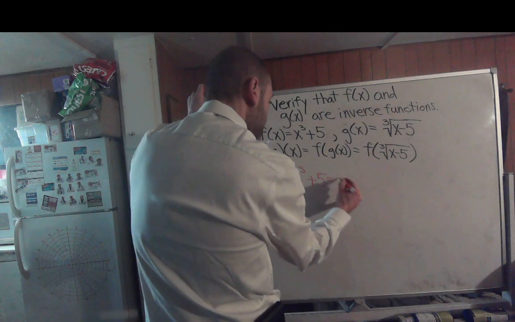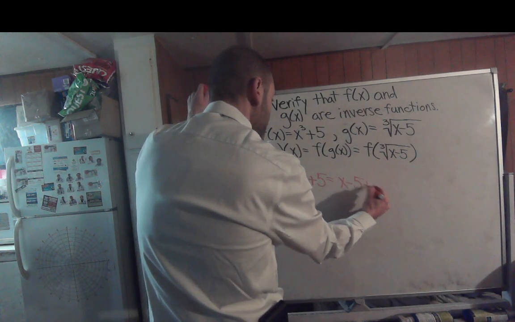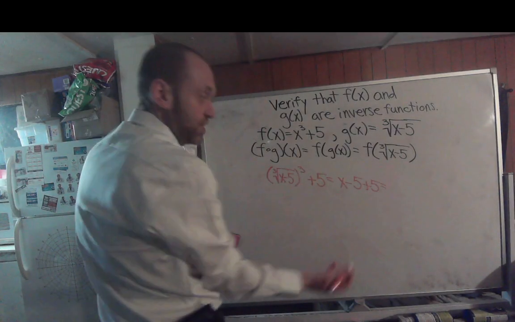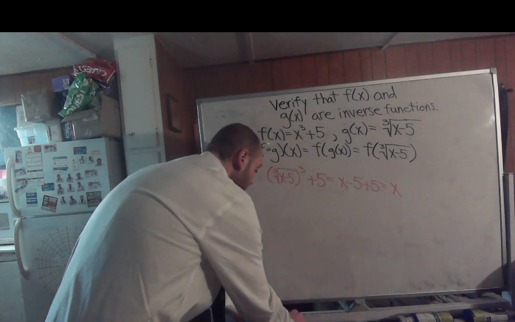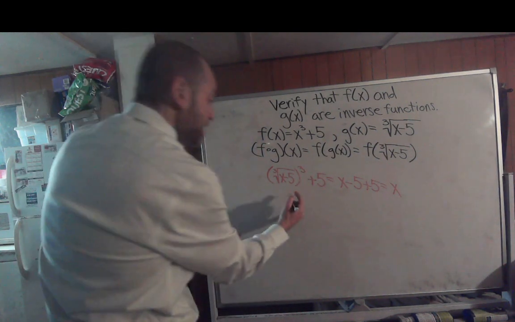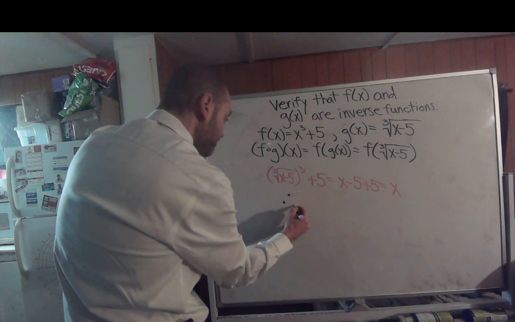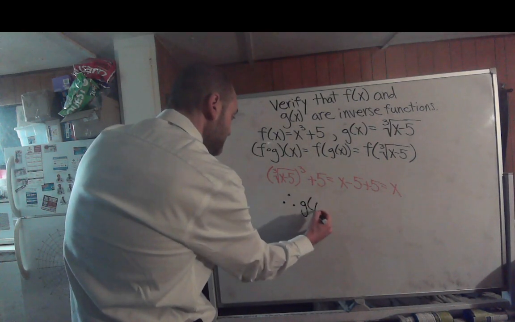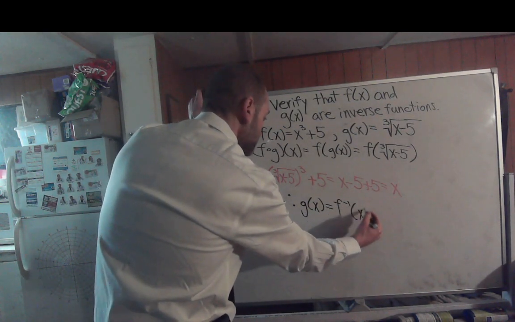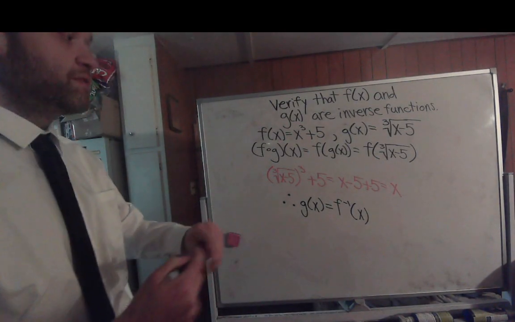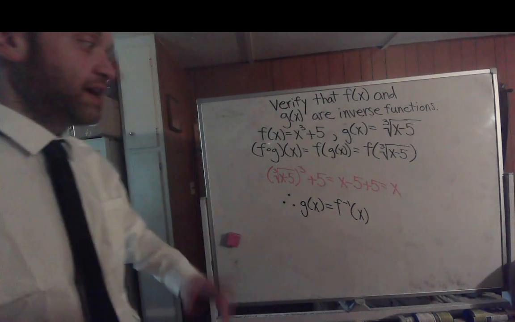I just get x minus 5 plus 5, which would just give me x. Well, I got that magical value of x, and only x. Therefore, g of x equals f inverse of x. So therefore, g of x is the inverse of f of x.